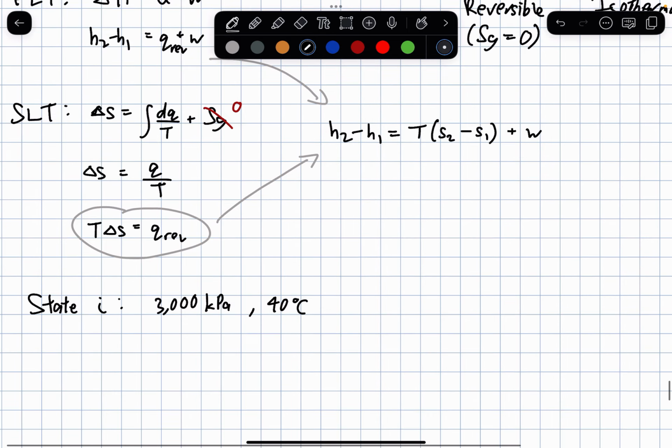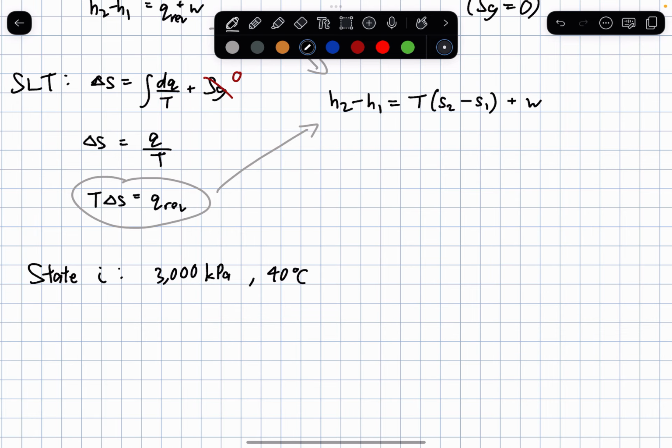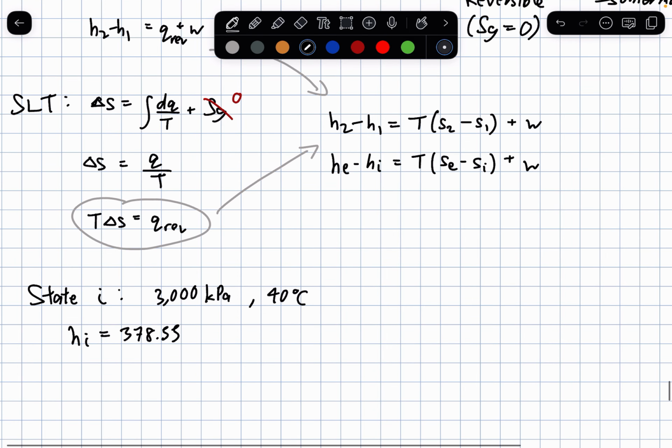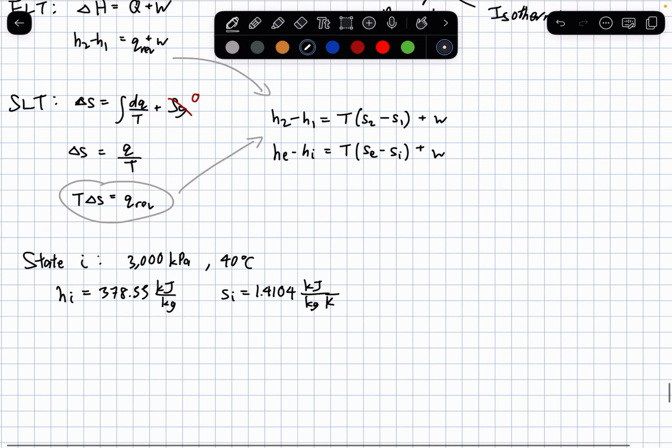We're going to look for H and S. H is 378.55, and S is 1.4104 kilojoule per kilogram Kelvin. Okay, that's for the inlet state.